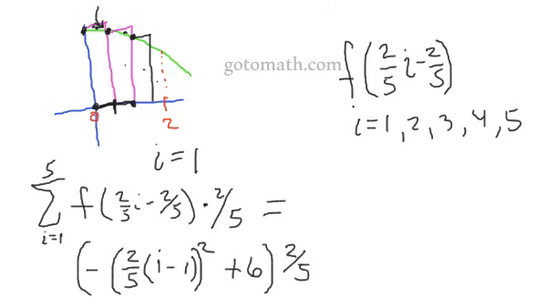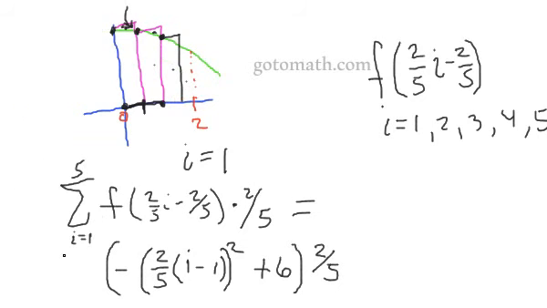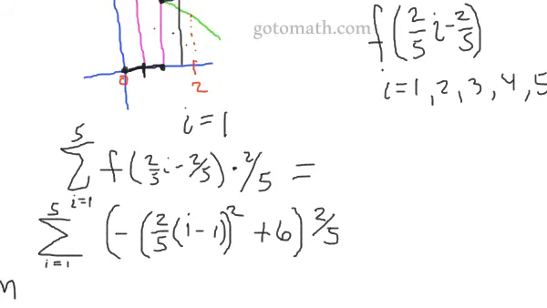And we need to write our summation sign out here. Remember we're going from 1 to 5. So as you can see, this is the f of stuff here. We'll call that stuff. So that's all of this piece right here, and then of course the 2/5 outside.